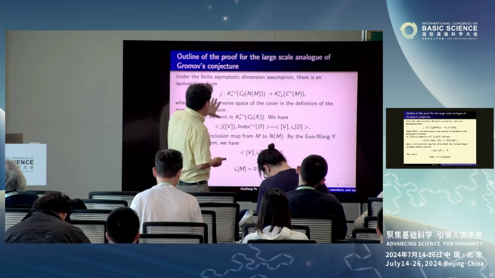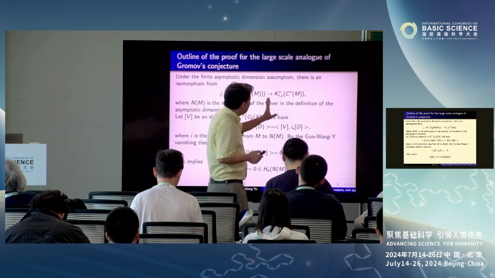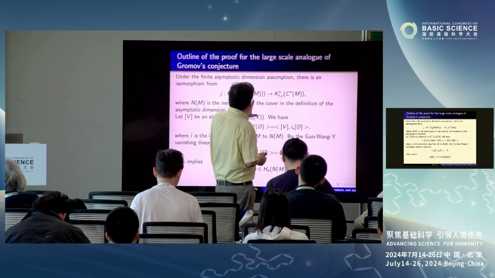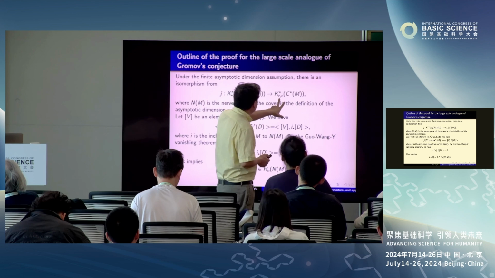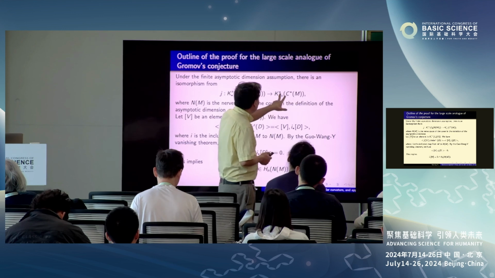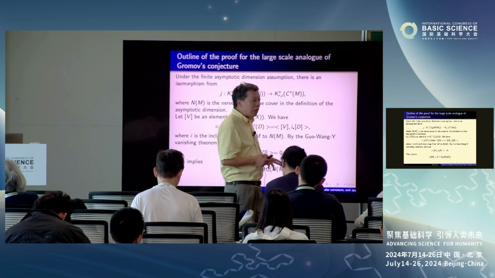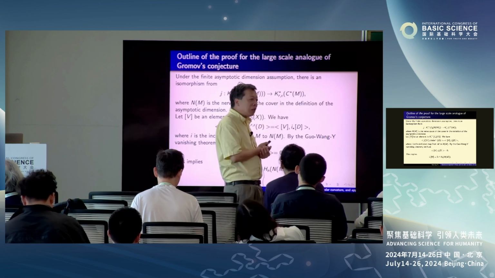Sorry, I take back. This is a map from K-homology, because it's kind of confusing: in the algebra, if it's in the up position, it's K-homology.